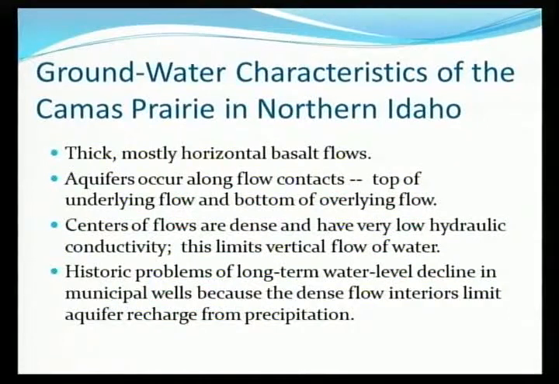The aquifers, or water-producing zones, occur along the contacts between individual flows, the top of the underlying flow and the bottom of the overlying flow, because these zones are fractured and have more water-producing capability. The centers of the basalt flows are very dense and have very low hydraulic conductivity, or permeability, and they really form a limit to downward vertical movement of water.